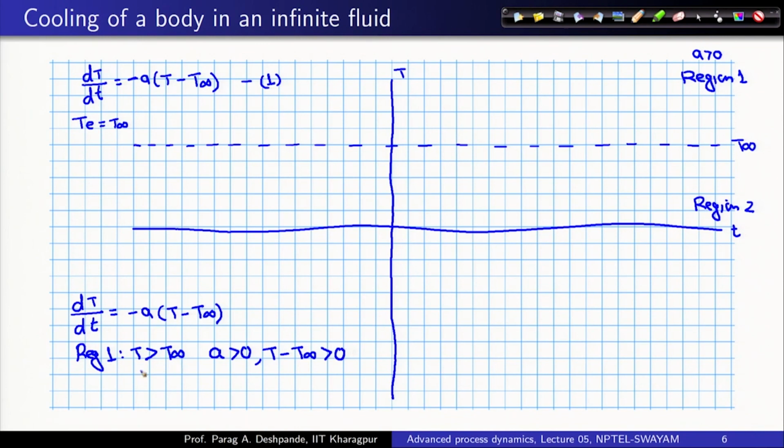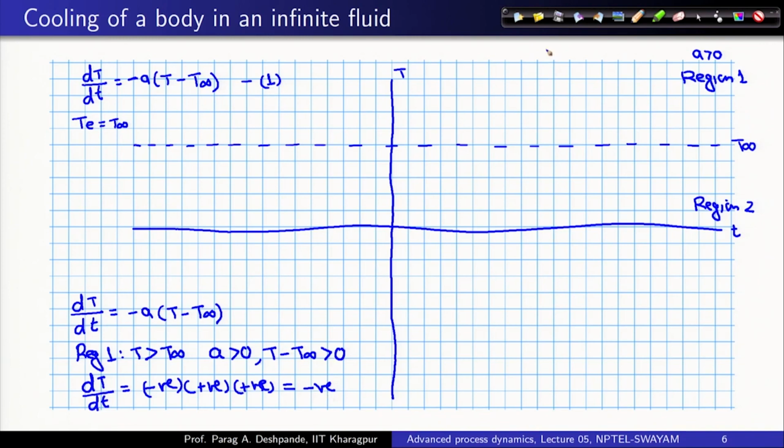So what is going to happen to dT/dt? This is equal to a negative sign, multiplied by a, which is positive, multiplied by T minus T infinity, which is again positive. So overall dT/dt, which means the gradient, is going to be negative.